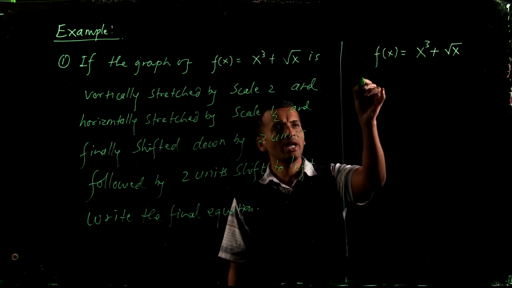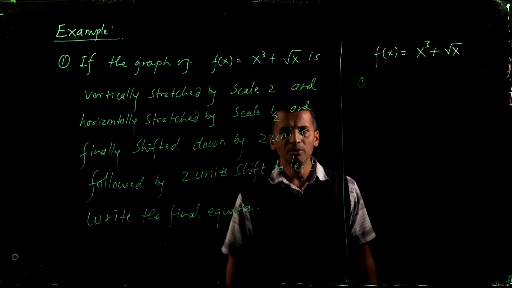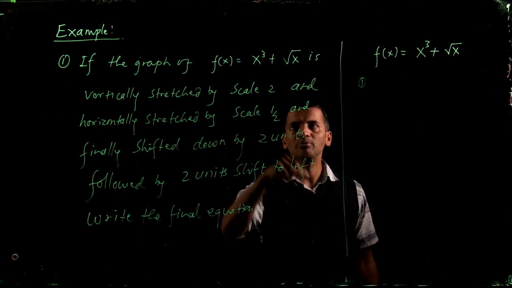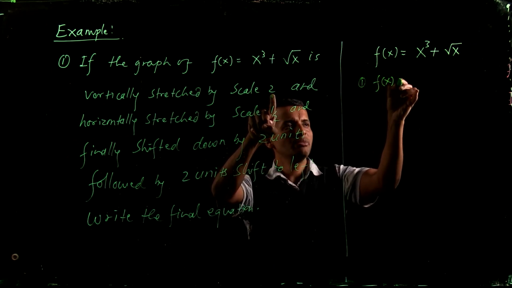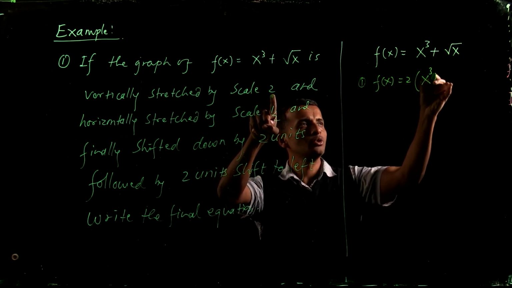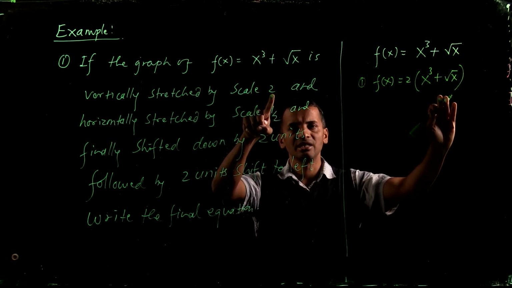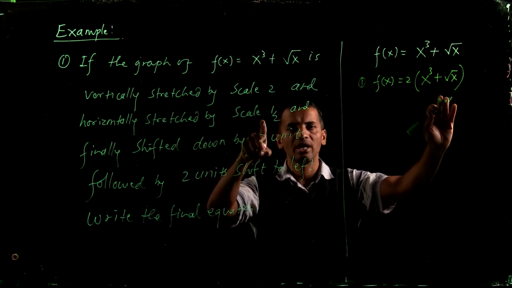Number one, you are doing a vertical stretch by scale 2. If you want to do a vertical stretch or compression, the whole right hand side should be multiplied by that scale. So f of x will be 2 times x cubed plus square root of x. This is the vertical stretch by scale 2, and it is followed by the horizontal stretch by scale 1/2.